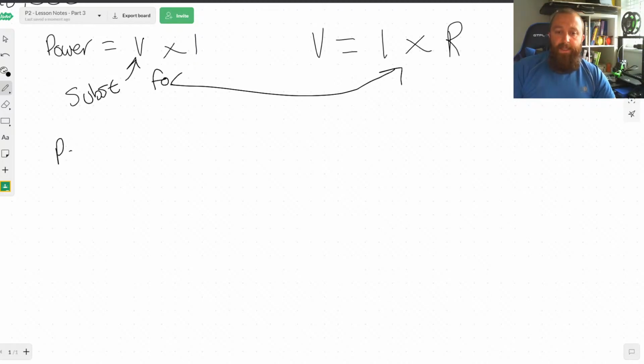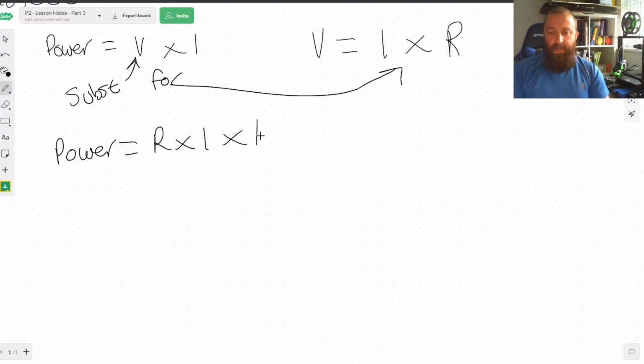That gives us power equals resistance times current times current, in other words, resistance times I squared. So you need to know these two, but if you know these two, you should be able to work out how we get to this one. If you don't, make sure you remember it, but it's one of those we should be able to substitute in for.